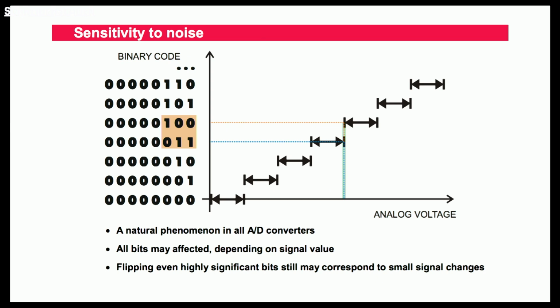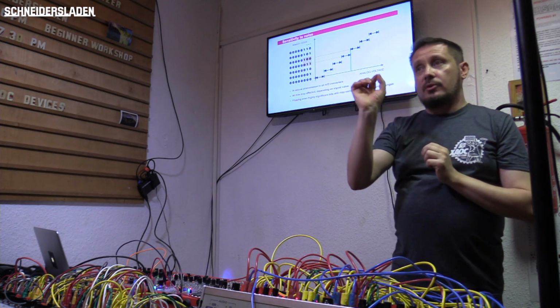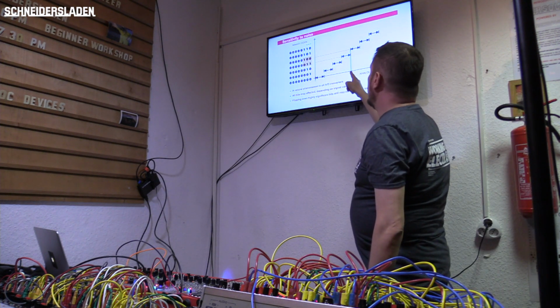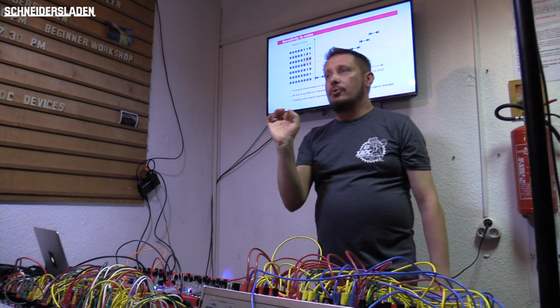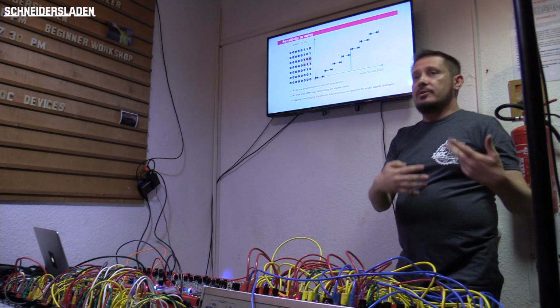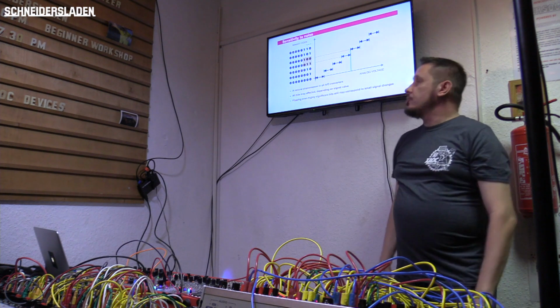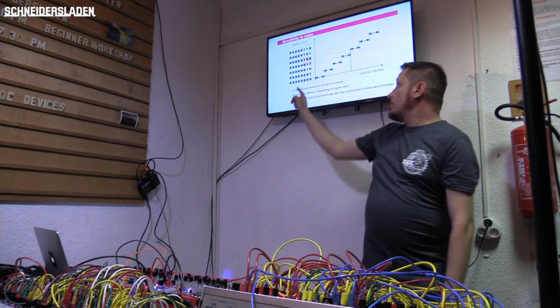Okay, a very important aspect of quantization is sensitivity to noise. If you consider being just at the edge of two quantization steps, if you have a value that falls into this or this range, any little amount of noise will cause the resulting digital representation to be switched from this word to this word. And you can see that several bits flip actually, not only the least significant bit, but also higher bits.